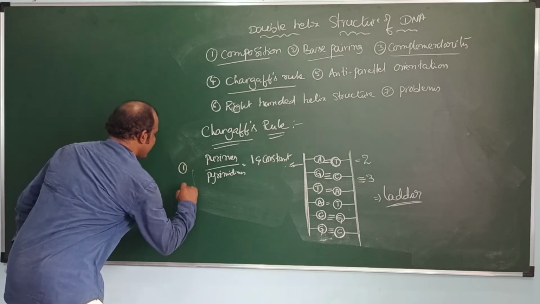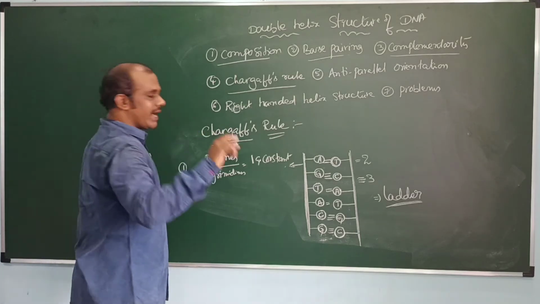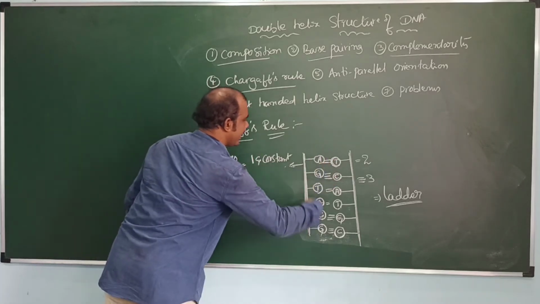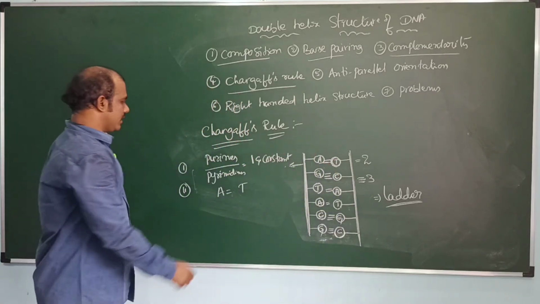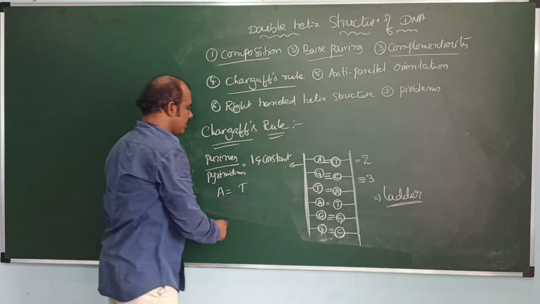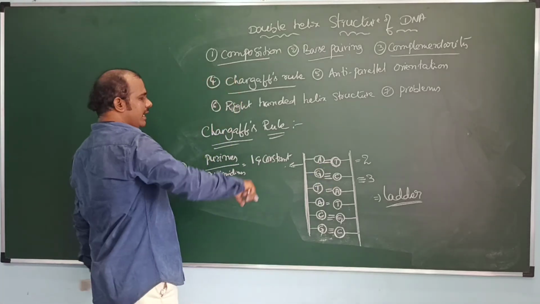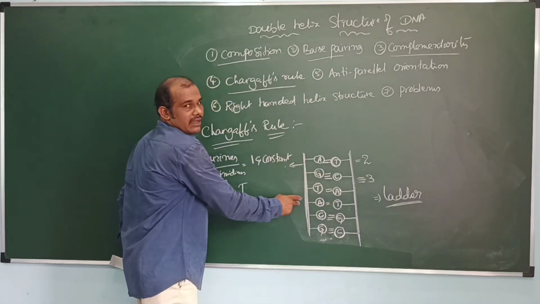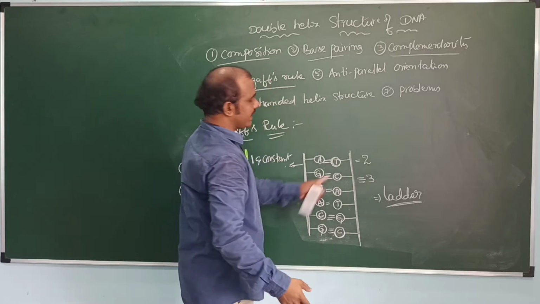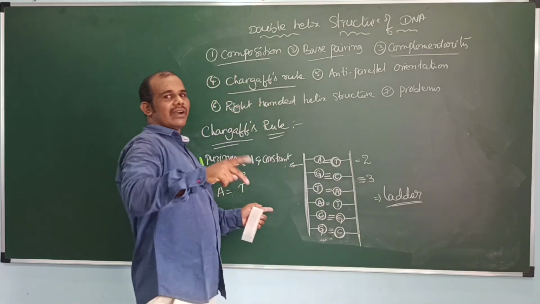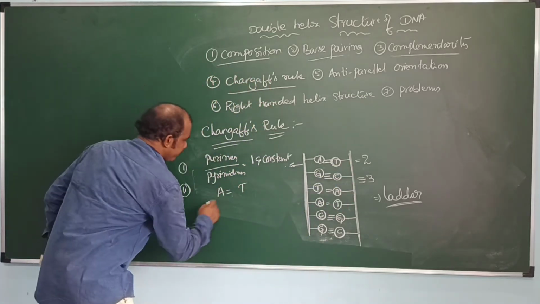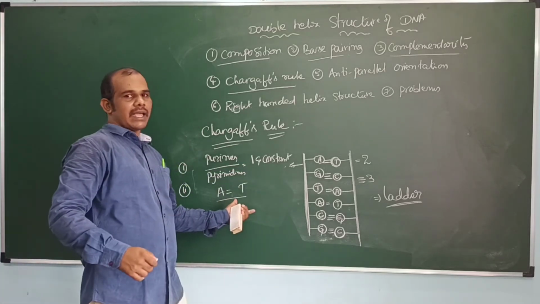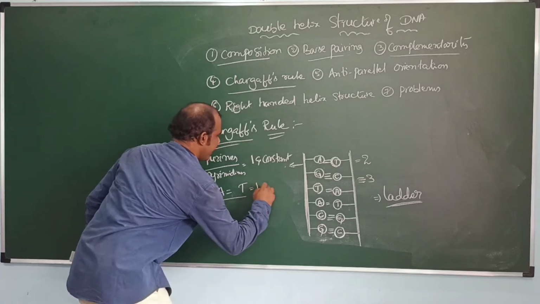Another Chargaff's rule is that the number of adenines is equal to the number of thymines in a given DNA, whether present in the left-handed or the right-handed chain. The ratio between adenine and thymine is always one and constant.